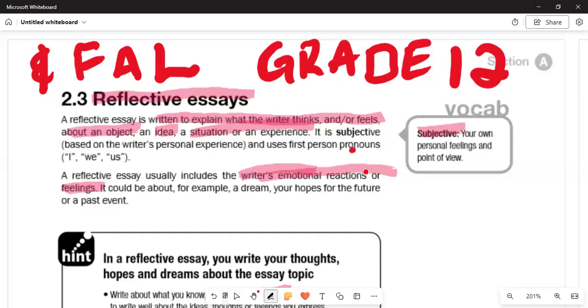The word subjective is about your view of how you see things or how you perceive things. It is based on your feelings and opinions. Let us understand that the reflective essay usually includes the writer's emotional reactions or feelings. If something that transpired before triggers happiness, it would be evident in the smile and facial expression.